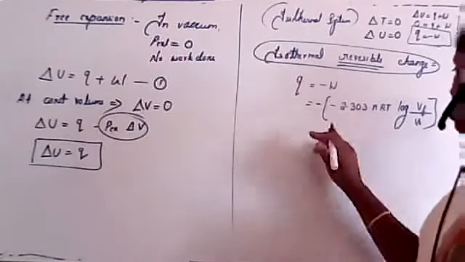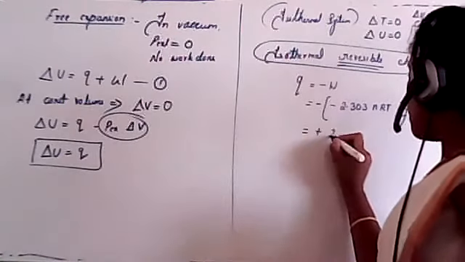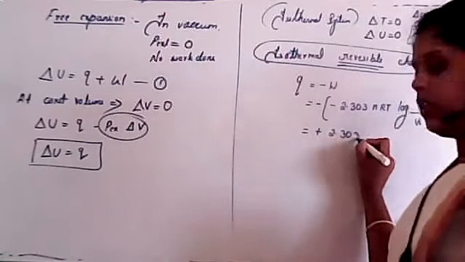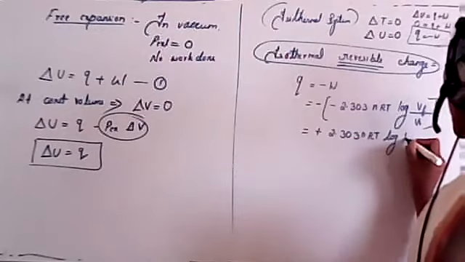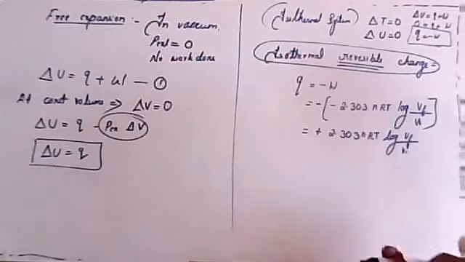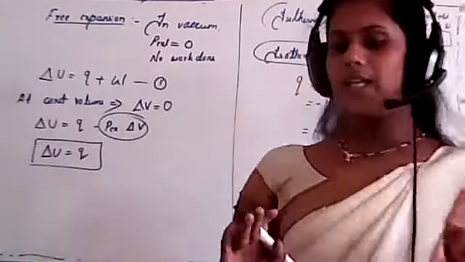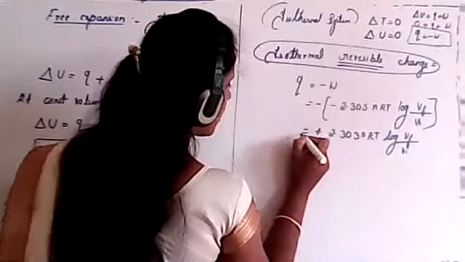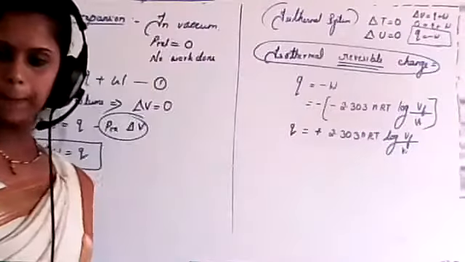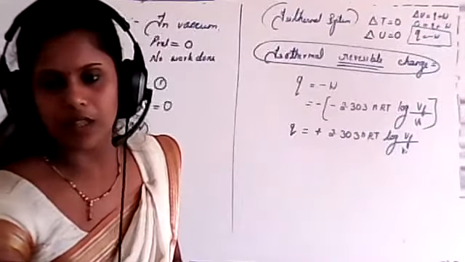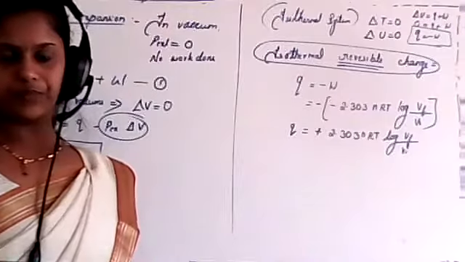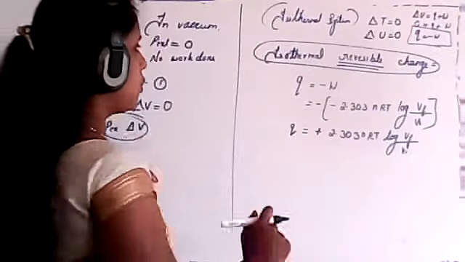So minus into minus, it is plus 2.303 n RT log of Vf divided by Vi. Is it clear why in this expression we got plus charge for Q? Clear? If we were considering the other expression, it would change. Is it clear? So now, next one.